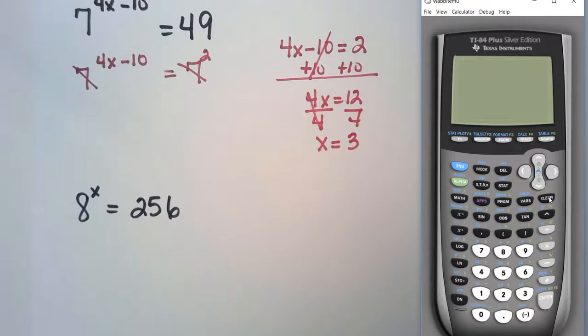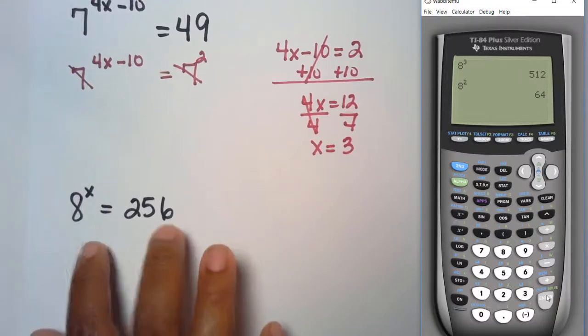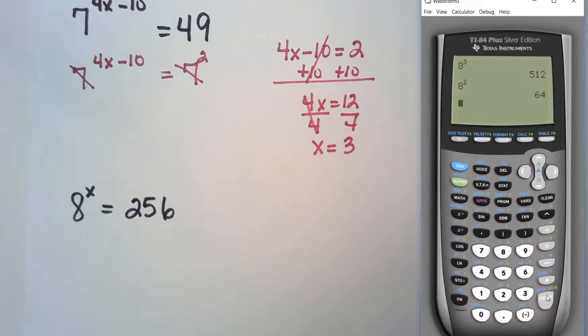Or can I find a base 8 raised to a power that would give us 256? Well, let's try this. 8 cubed. Multiplying 8 three times is 512. That's not going to work. And if we said 8 squared, that's going to give us 64. So we cannot use base 8 for each of these.